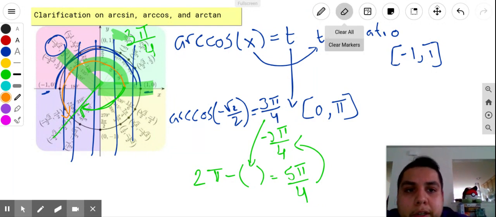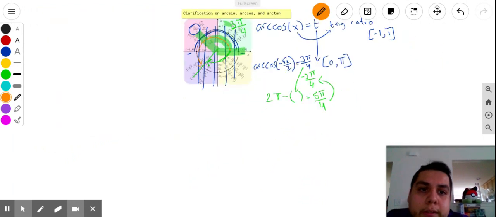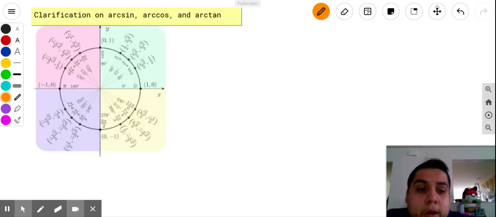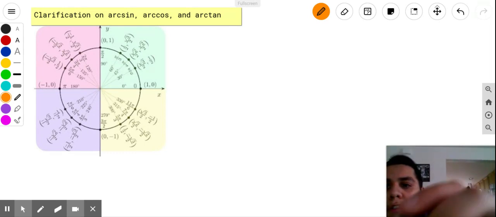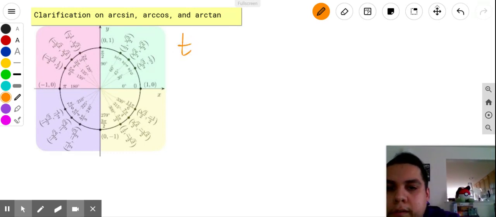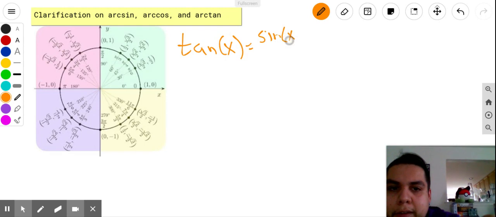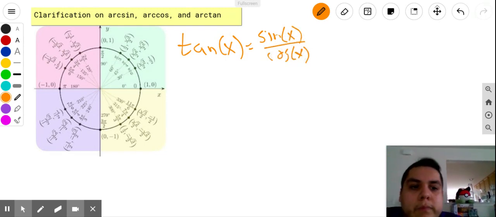The last one we need to talk about is arc tangent. So arc tangent is a combination of both sine and cosine, because tangent is sine of x divided by cosine of x, right?